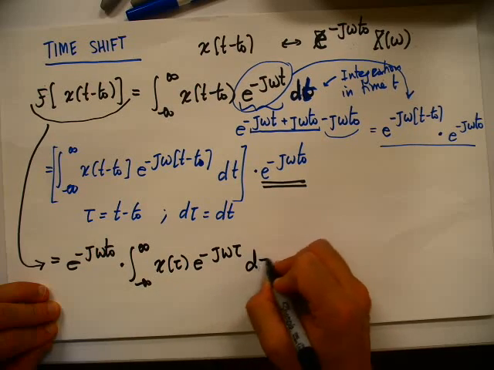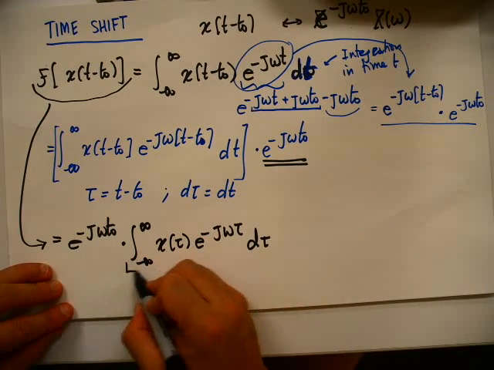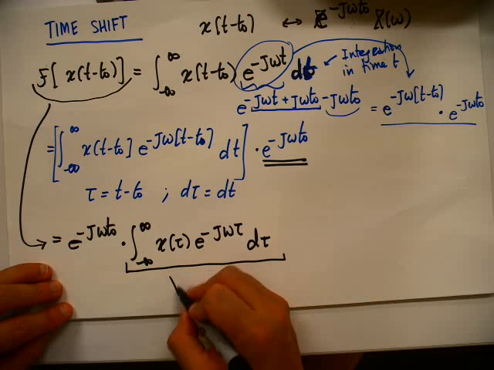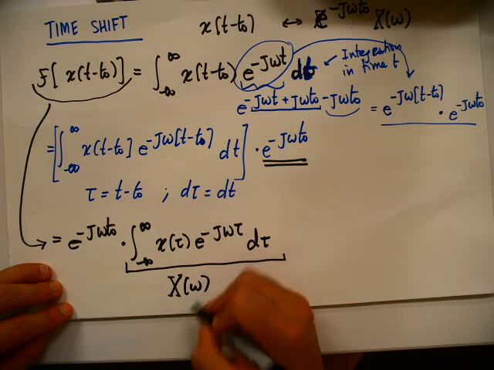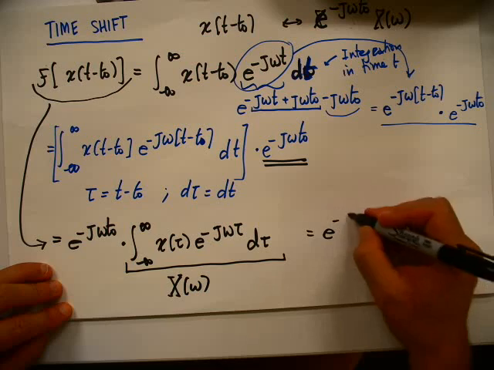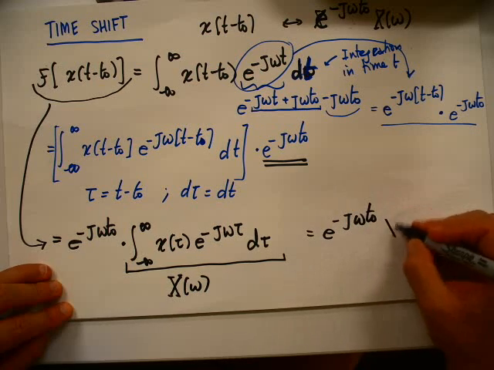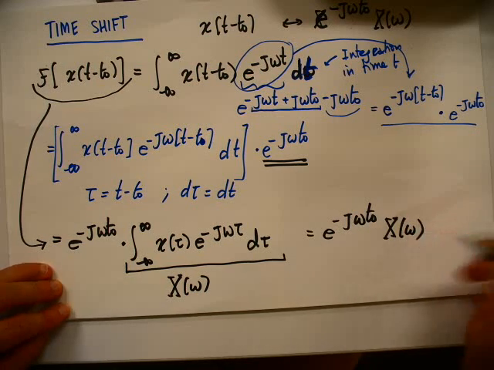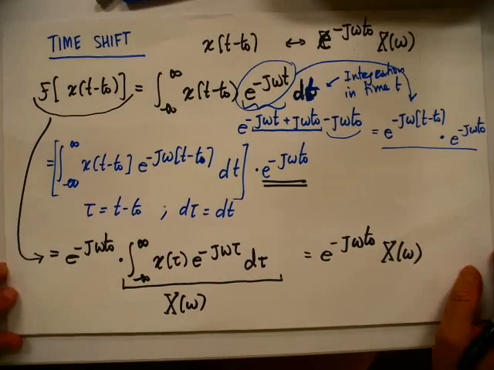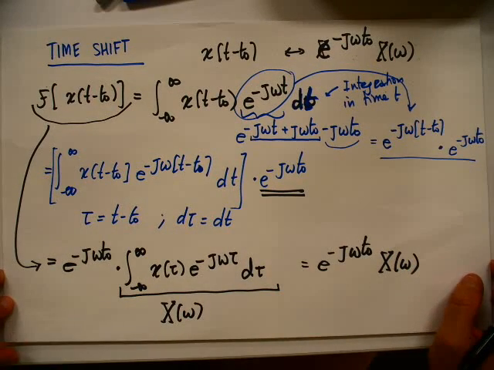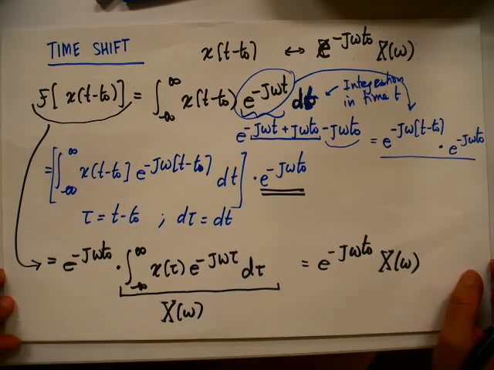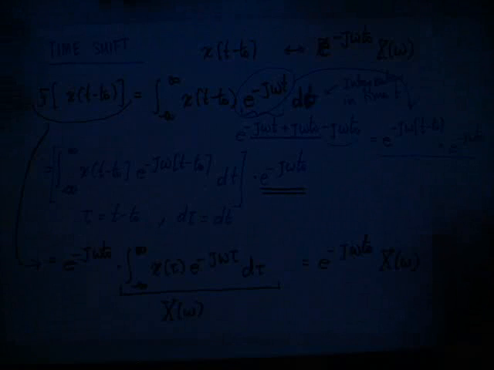And this is simply the Fourier transform X of omega, and then we prove the property. So pretty straightforward. These are applications of properties of a generic integral.